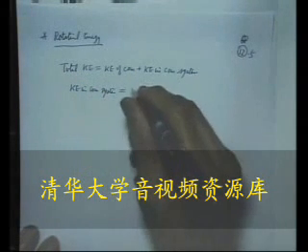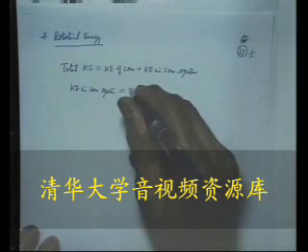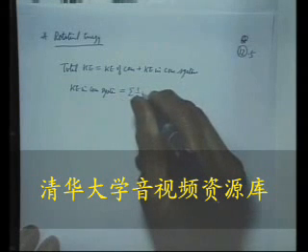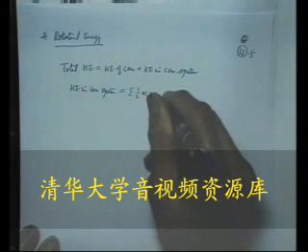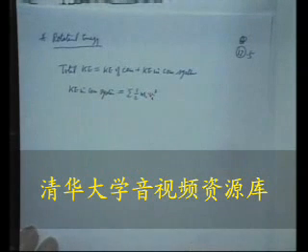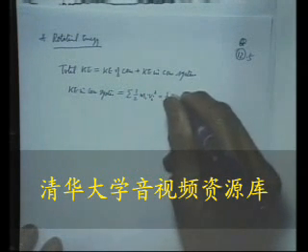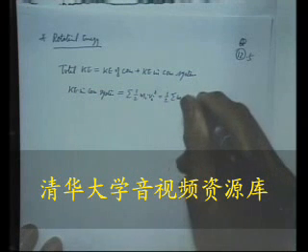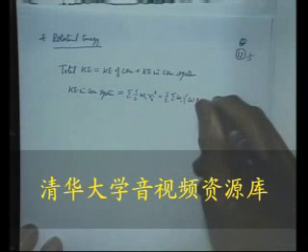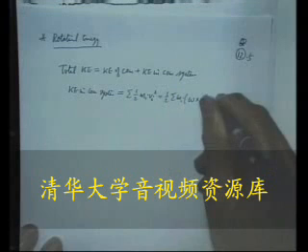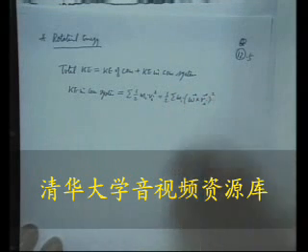It's equal to summation of 1/2 mi vi squared in the center of mass system. That's equal to summation 1/2 mi omega cross Ri in the center of mass system.